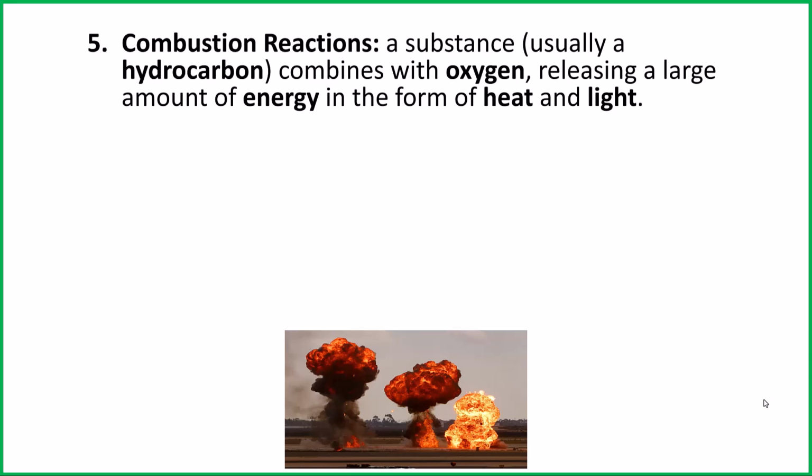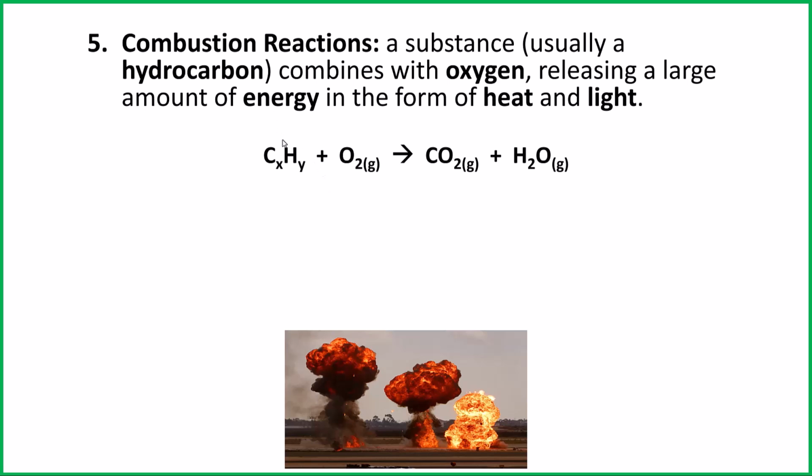And then our fifth type of reaction is a combustion reaction. A combustion reaction occurs when a substance, which is usually a hydrocarbon, combines with oxygen, releasing a large amount of energy in the form of heat and light.